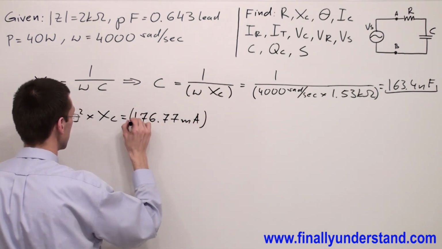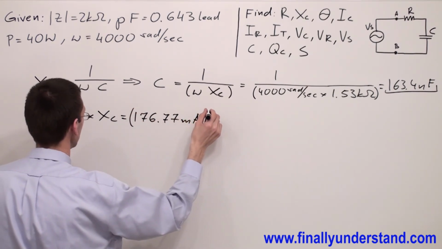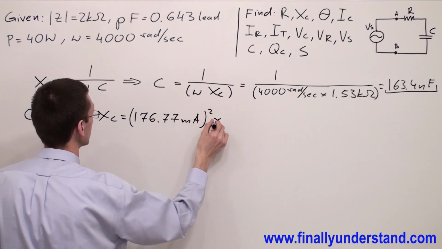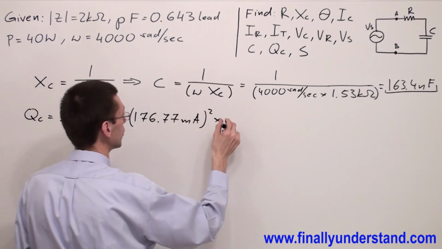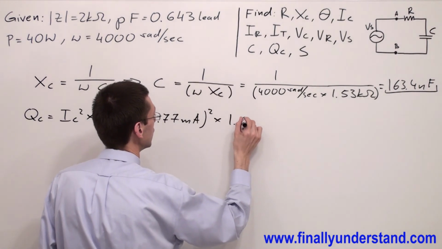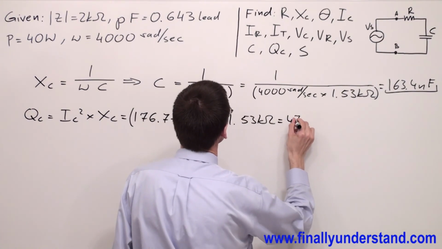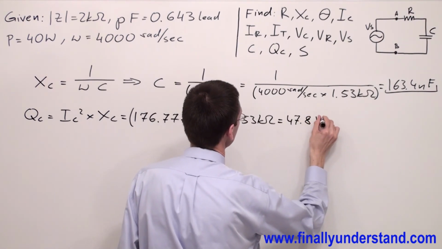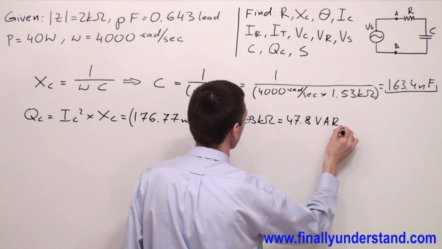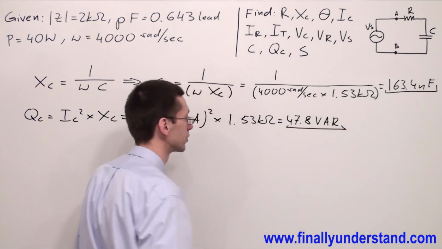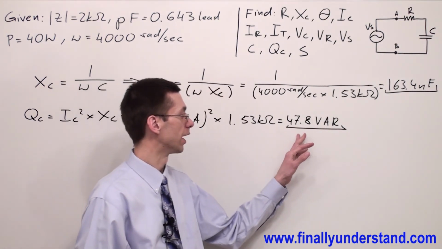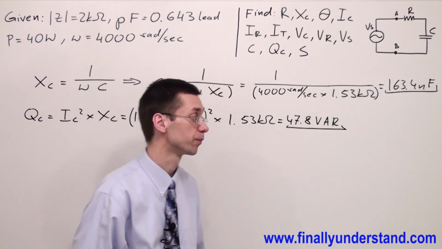We don't include the angle at this moment, so I have it squared times XC, which is equal to 1.53 kiloohms, 47.8 VAR, volt ampere reactive. And this is my reactive power.